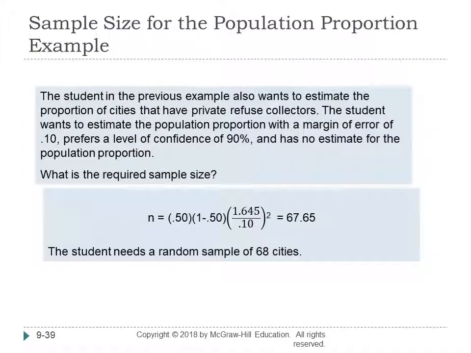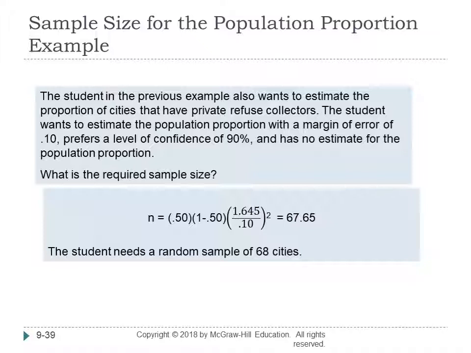Here is an example. It's probably the same student, but this time we want to estimate a proportion. The student in the previous example wants to estimate the proportion of cities that have private refuse collectors, that is, garbage collectors. Some cities have private, meaning they work for the city, and many cities hire companies, meaning they're not private.